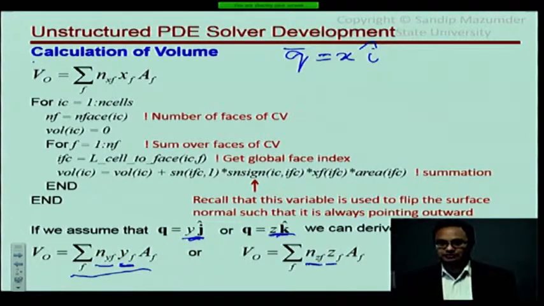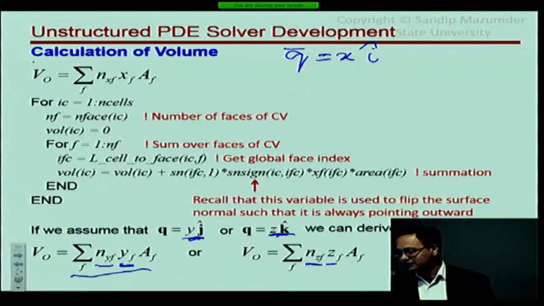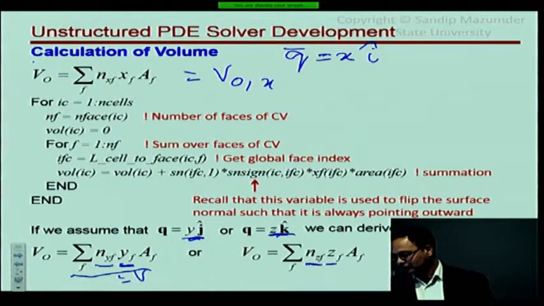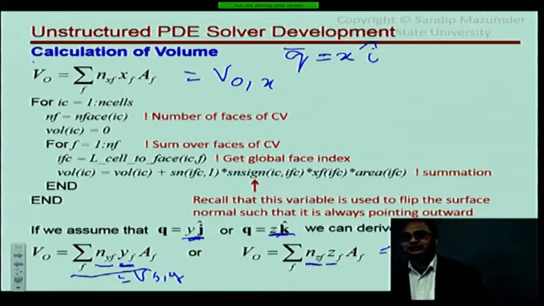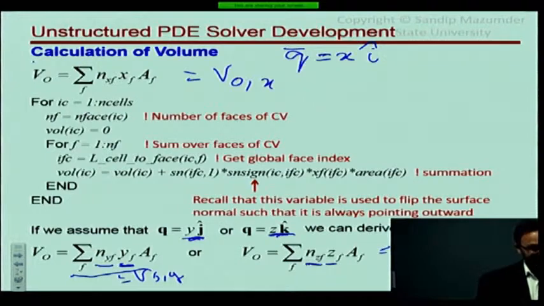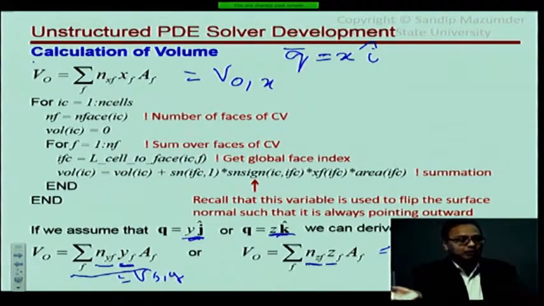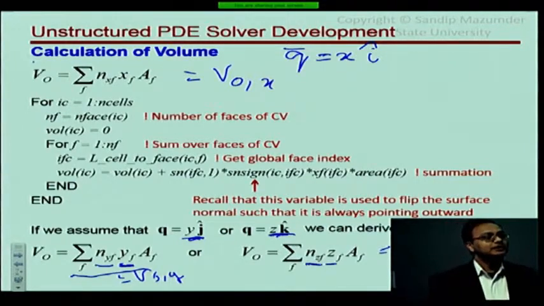Now, if I call this v0x and this one v0y and this one v0z, they're supposed to be the same. Ideally the mathematics is exact, so those answers should come out the same, but sometimes due to numerical precision, suppose a cell is very skewed, with obtuse angles or very acute angles, they may not come out exactly the same, those 3 answers.